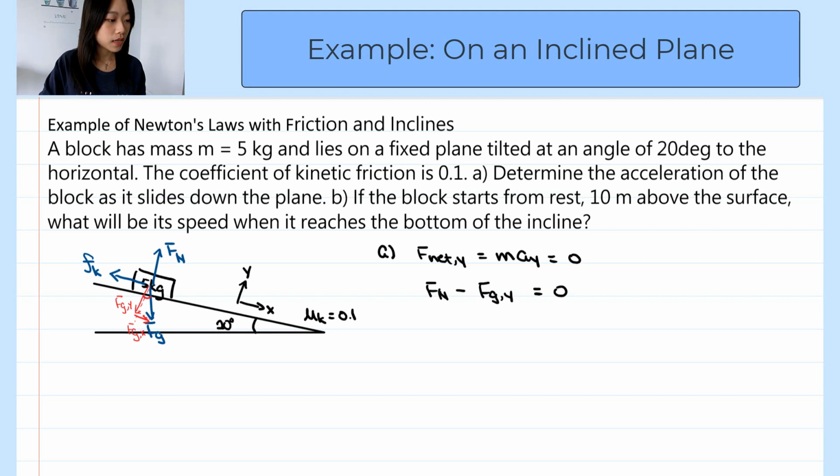This is the same angle as the angle of the plane. So Fg in y would be the magnitude times cosine theta. If we isolate for the normal force, it equals the y component of the gravity force, which is the magnitude times cosine of 20.